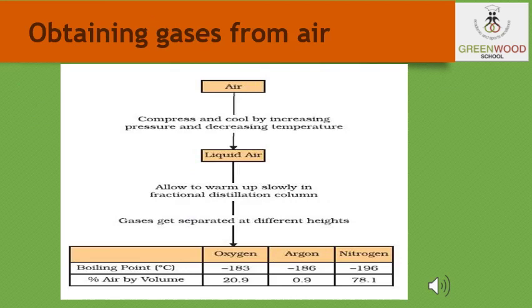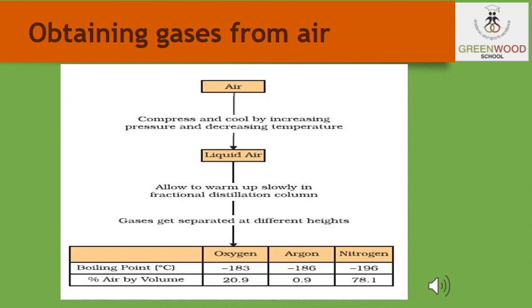Now students, let us discuss how we can separate the different gases present in the air. As we know, air is a homogeneous mixture and can be separated into its components by fractional distillation. For this purpose, the air is compressed by increasing the pressure and cooled to a very low temperature.